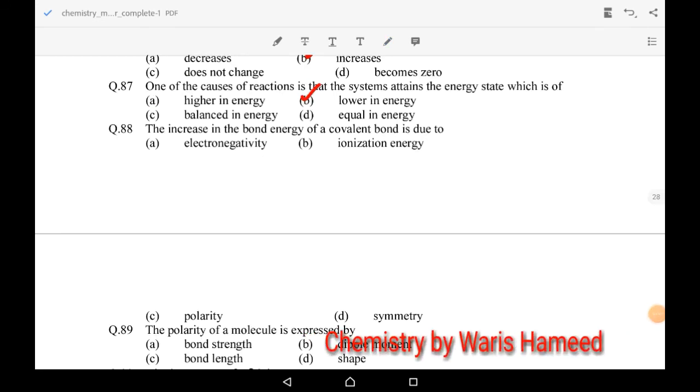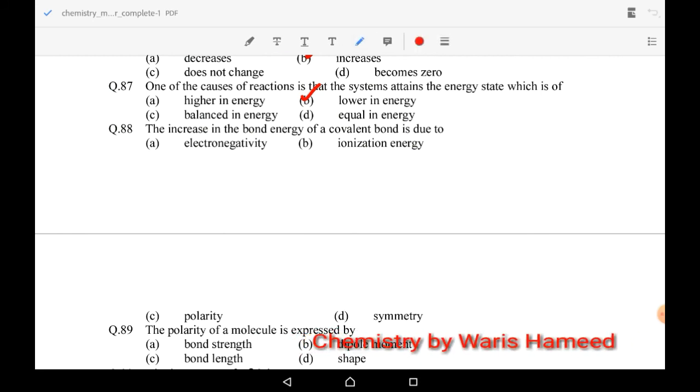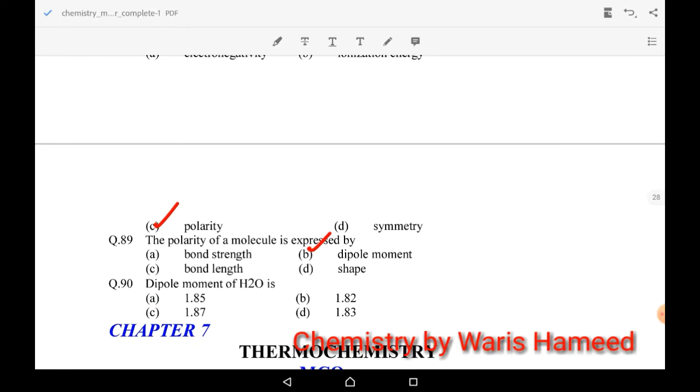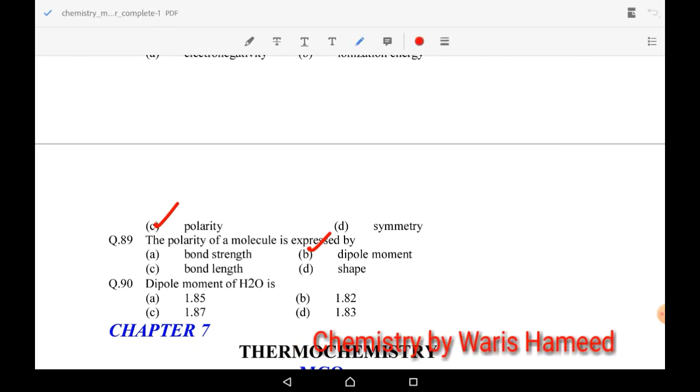Next MCQ, the increase in the bond energy of a covalent bond is due to polarity. 89 MCQ, the polarity of a molecule is expressed by dipole moment. The dipole moment of water is 1.85.